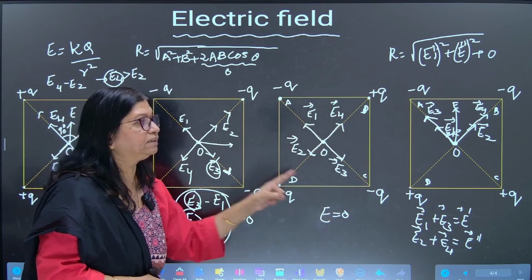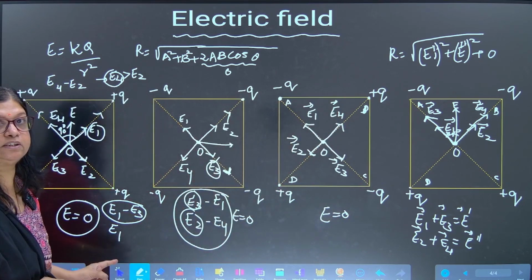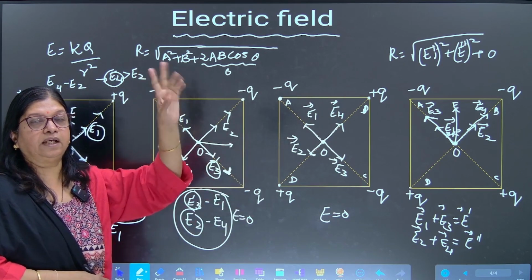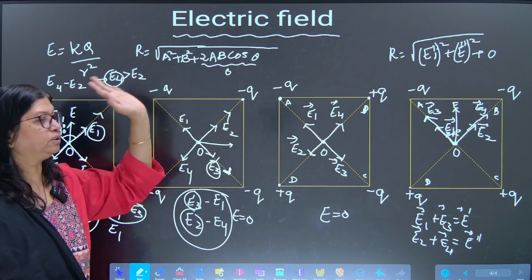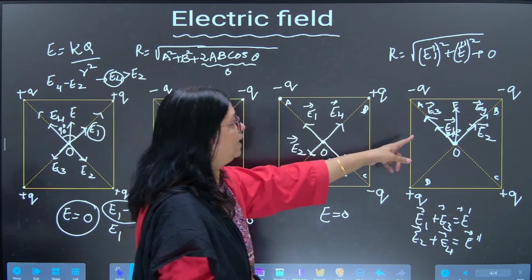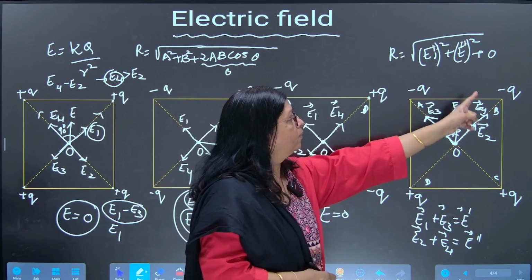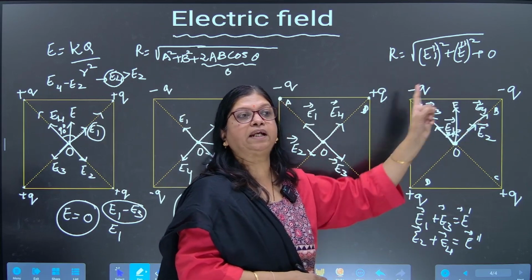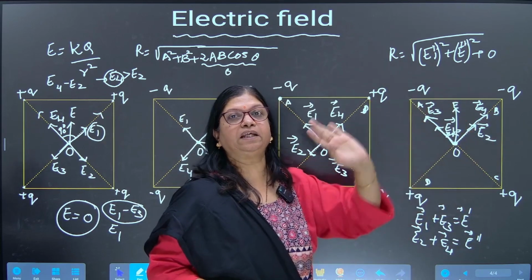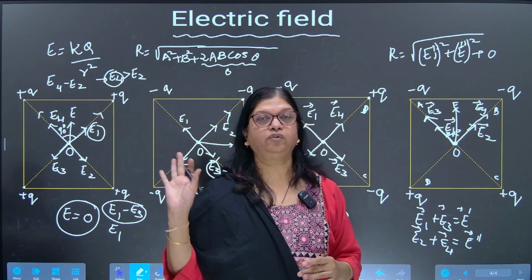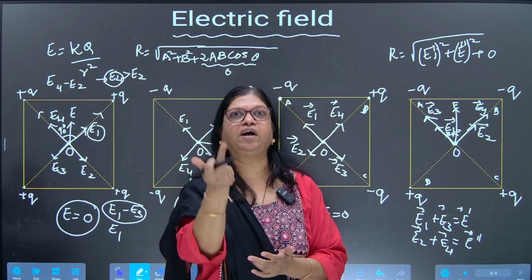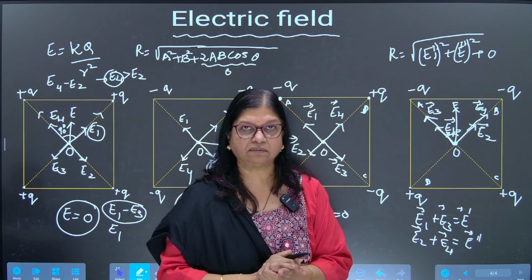Then also answer is E is equal to 0, provided the magnitudes are same. If magnitudes are not same, you have to follow this procedure. Fine? Only in this case, where upper side both are negative, lower side both are positive, answer cannot be E is equal to 0. No. Fine? So this you keep in mind so that you can be fast if it is a multiple choice question.